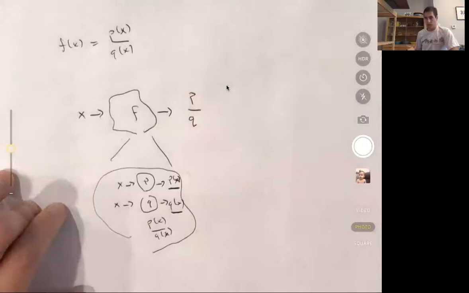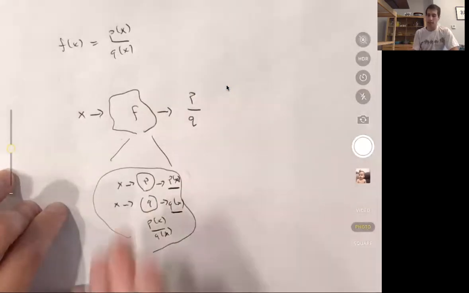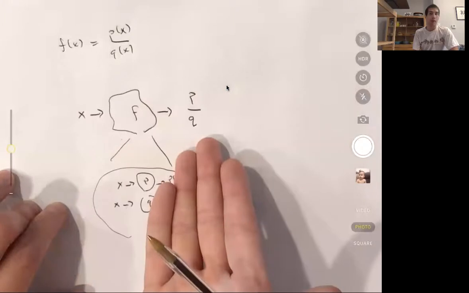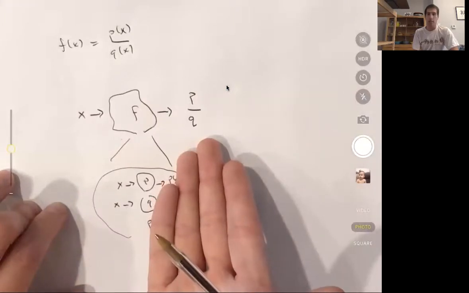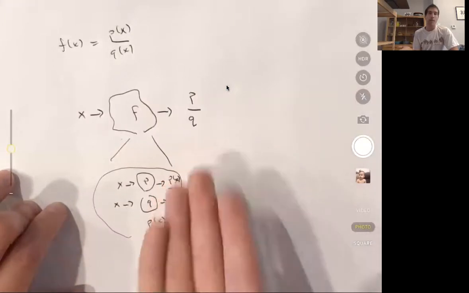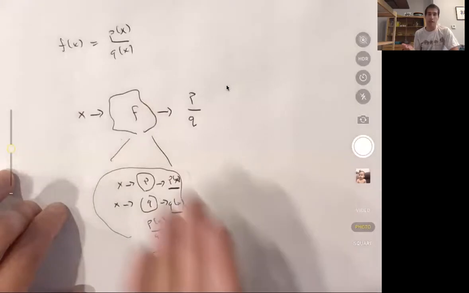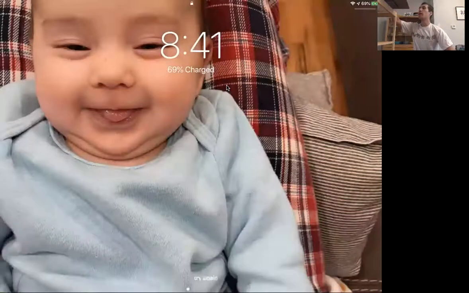And so for every input X, what I get is a fraction, right? And now we understand when fractions are defined. So we can say, when is this going to make sense? So when is this going to pop out a number that we understand, and when is this going to pop out something undefined, or when is it going to break the machine? When are we not allowed to plug this into the machine?